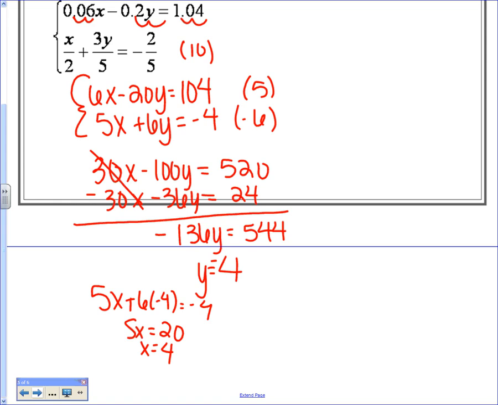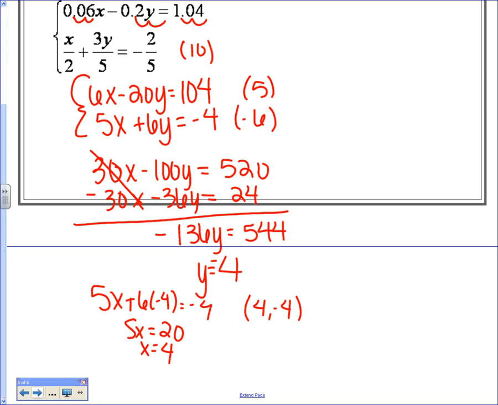And y equals -4. How do you write your answer for these? It's a point, yeah. 4, -4. Do I need to go over anything on that one? So, have we really changed much on these problems? What did we add?